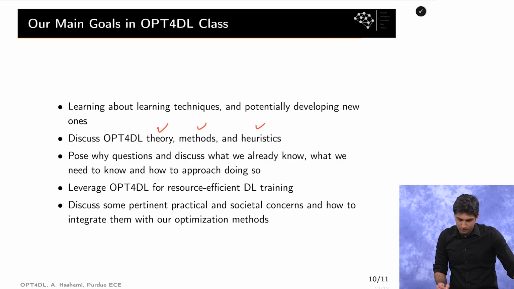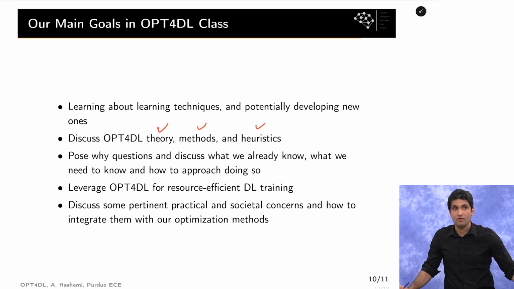We want to pose why questions. Okay, so why is a specific method able to work in certain scenarios, and why is it not able to work in other scenarios? We want to discuss what we already know and what are some things that we need to know, okay? And how we can approach these questions.